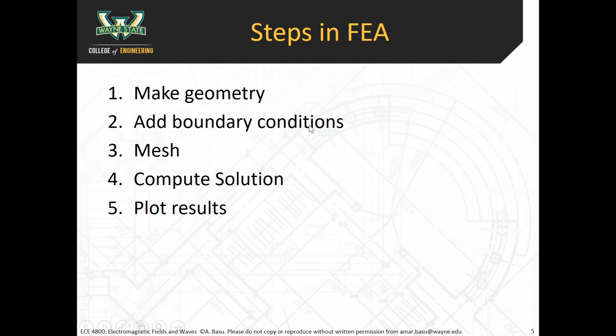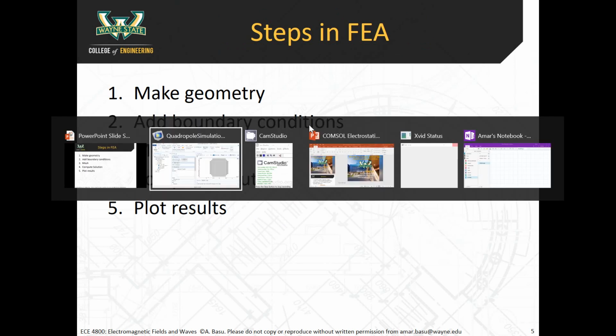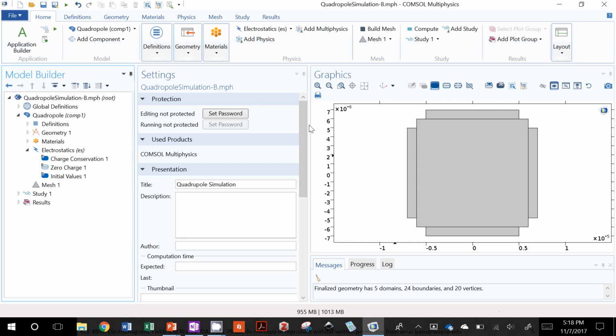Now, if you recall from your differential equations class, to solve a PDE, you must have boundary conditions. Just like to solve ordinary differential equations, you need to have an initial condition. To solve a partial differential equation, you must have a boundary condition. So what is a boundary condition? I'll show you. There are many different boundary conditions that we can indicate.